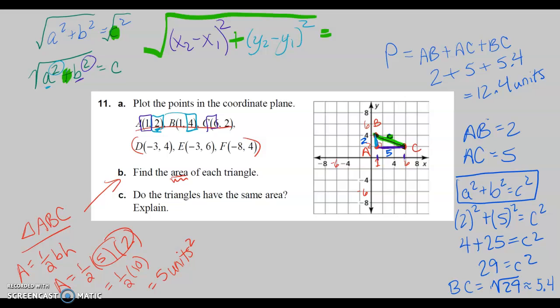And that is the distance formula. So if you did use the distance formula for that problem to find the distance between B and C, you were actually also using the Pythagorean theorem, saying that a squared plus b squared is equal to c squared, and you can solve for c. So either way, your answer would be 12.4 units for the perimeter of triangle ABC.